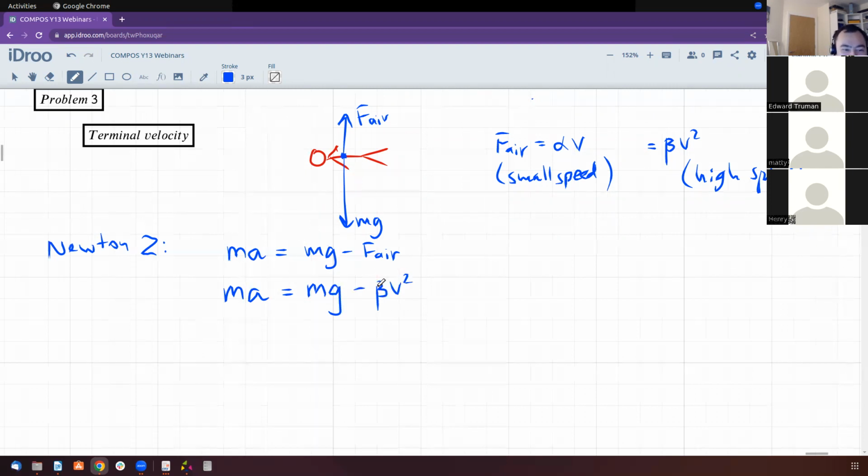And that's your differential equation. Why is it a differential equation? Because a is dv over dt. m dv/dt is equal to mg minus beta v squared. It contains v and it contains dv over dt.